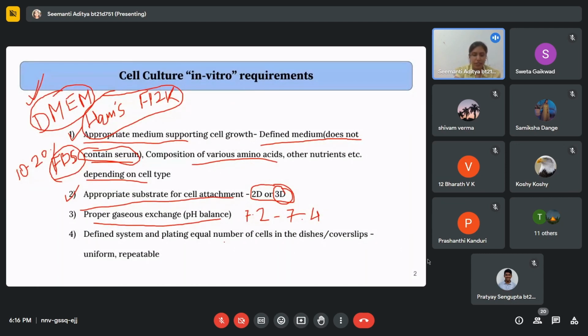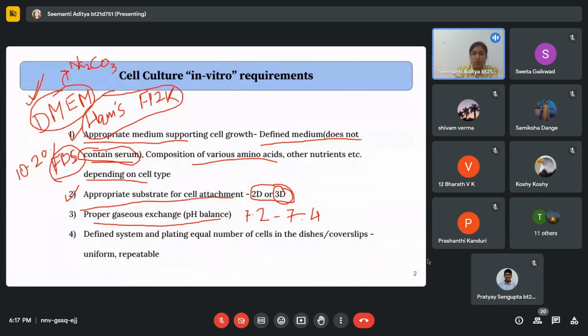We have carbon dioxide in our incubator, which helps in maintaining the bicarbonate buffer system. Also in our media, we need to add sodium bicarbonate. So in DMEM, sodium bicarbonate is present, which helps in maintaining the buffering.